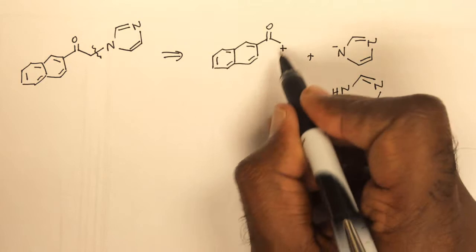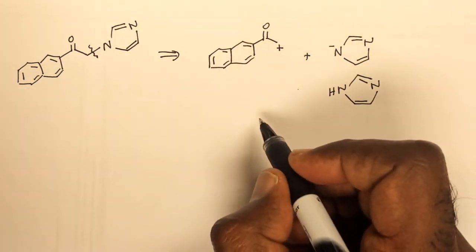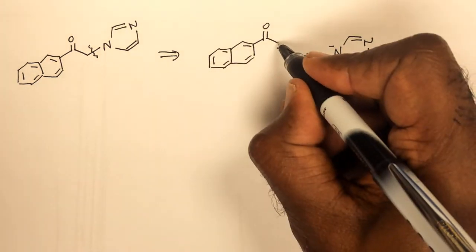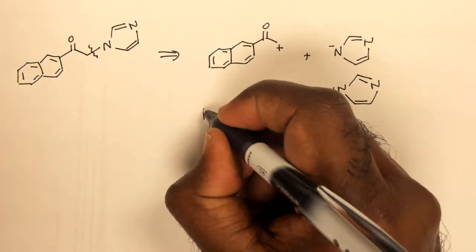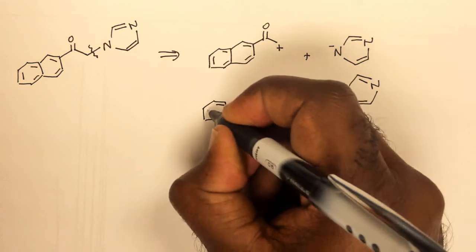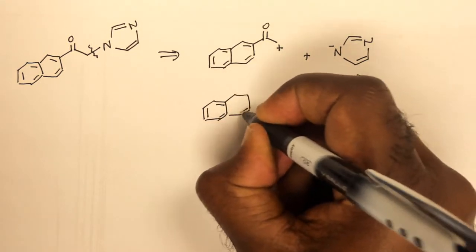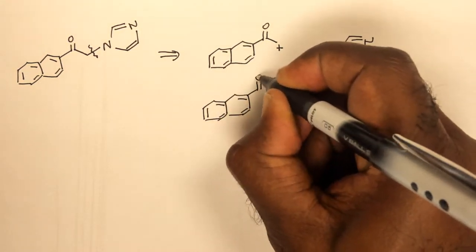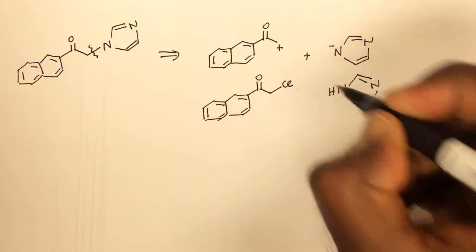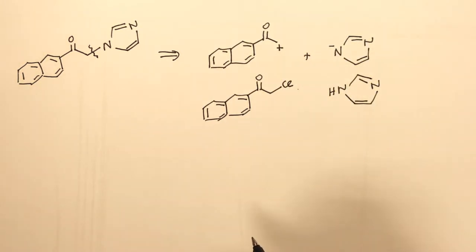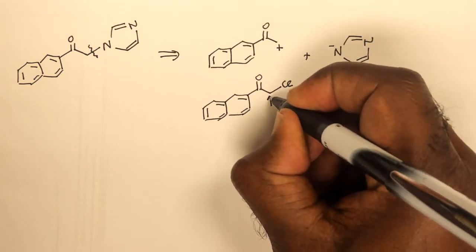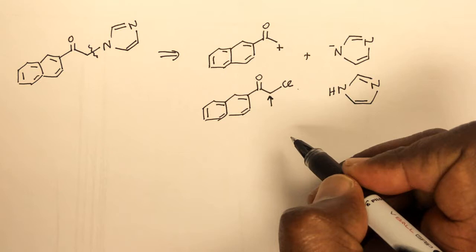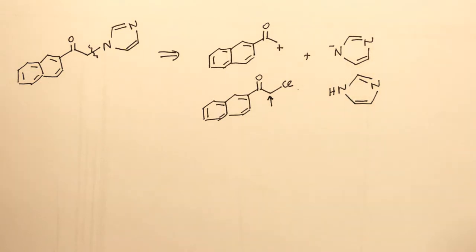And for this particular ketone structure, I put a halogen next to the alpha carbon. If I put a halogen next to the alpha carbon, I now have a very electrophilic carbon atom, which a nucleophile can easily attach to.